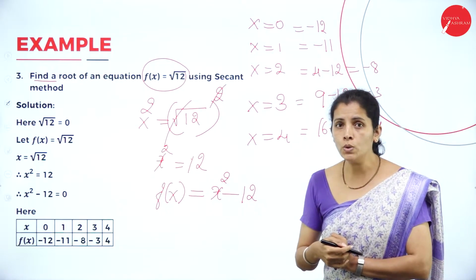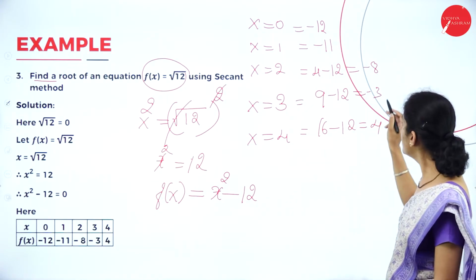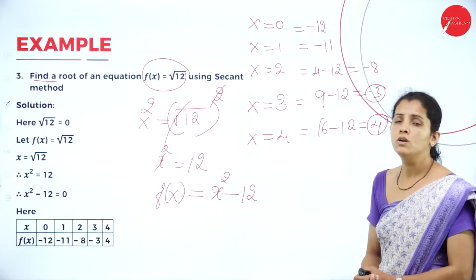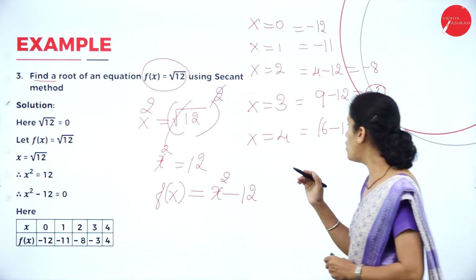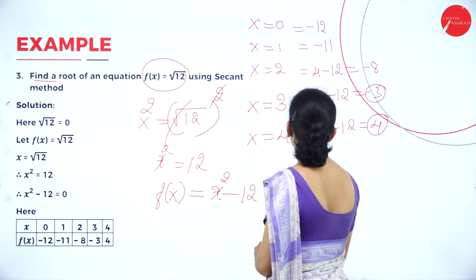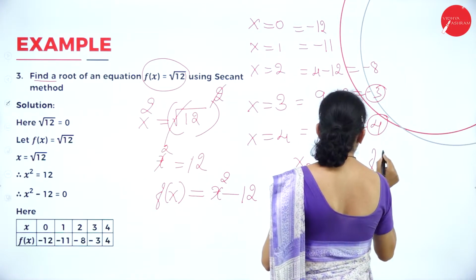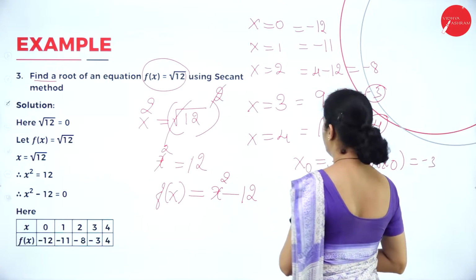Now, dear student, I'm going to stop the iteration because here I got one negative and one positive. So, no need to continue the substitution further. Now, what I will do, I'll write: when x0 equal to 3, my f of x0 equal to minus 3.